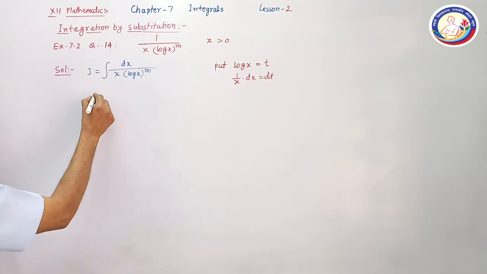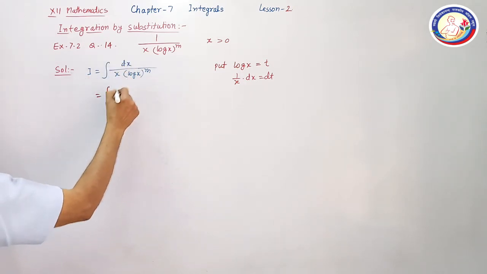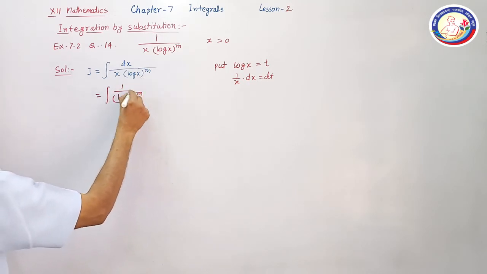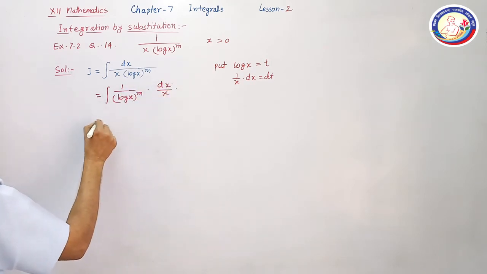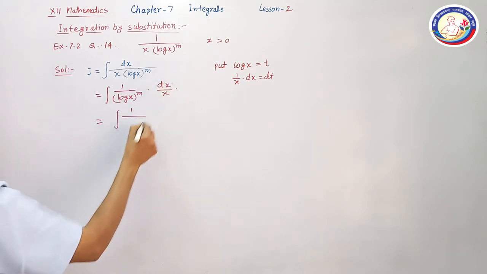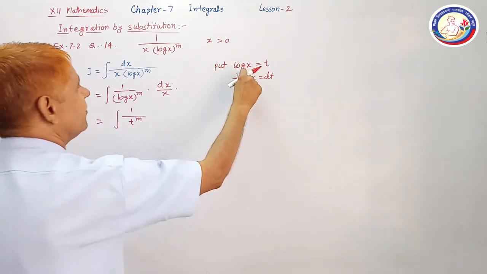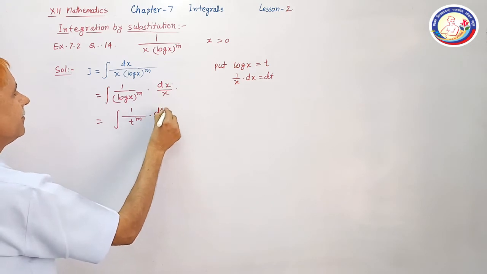Now use substitution here. The integration changes into dx by x. We can write it in two parts: 1 upon log x raised to power m into dx upon x, and this is integration of 1 upon t raised to power m, because log x is t and here it is dt.